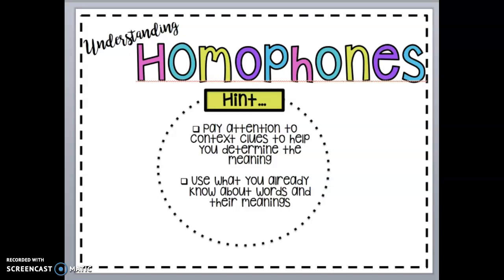So you may not have to use the context. But if you don't know what the homophones mean, then you also want to use the context to make sure you're correct. So let me show you a couple examples of some homophones, and I want you to use what you already know to tell me the meaning.